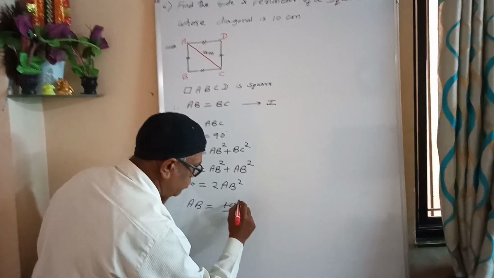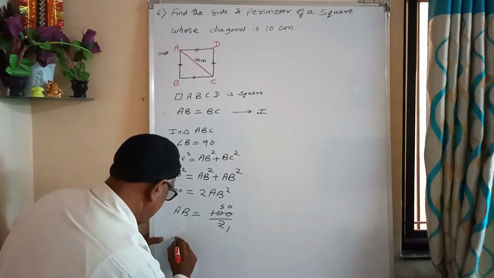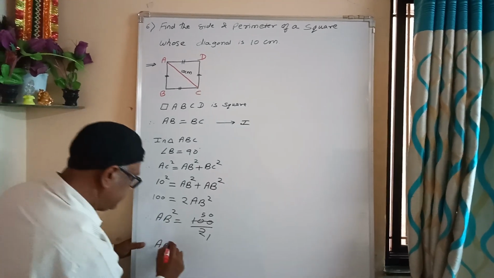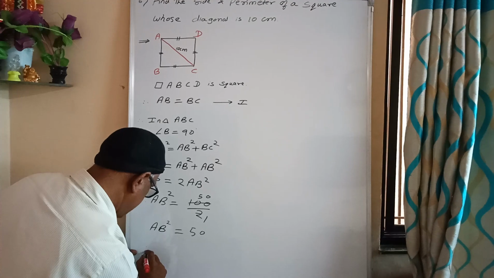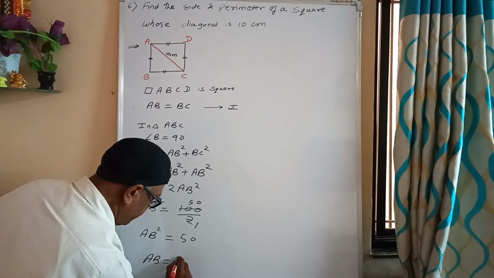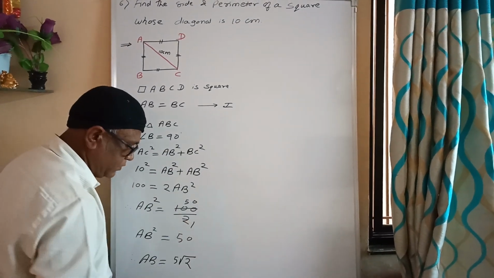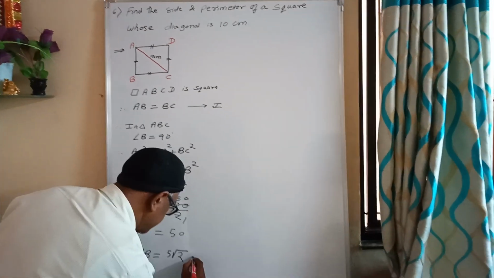2 ones are 2, 2 fives are 10, 0. Therefore AB square is equal to 50. Therefore AB is equal to 5 root 2 centimeters.